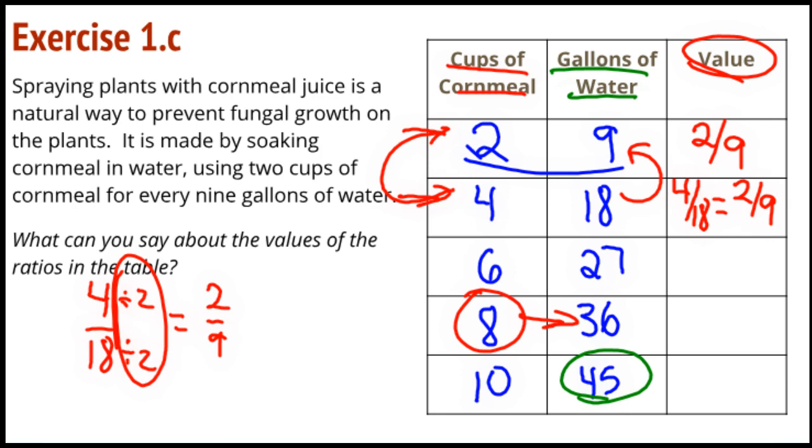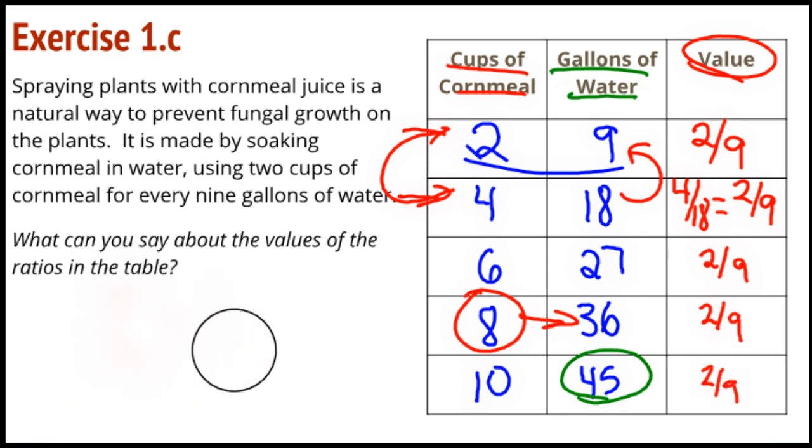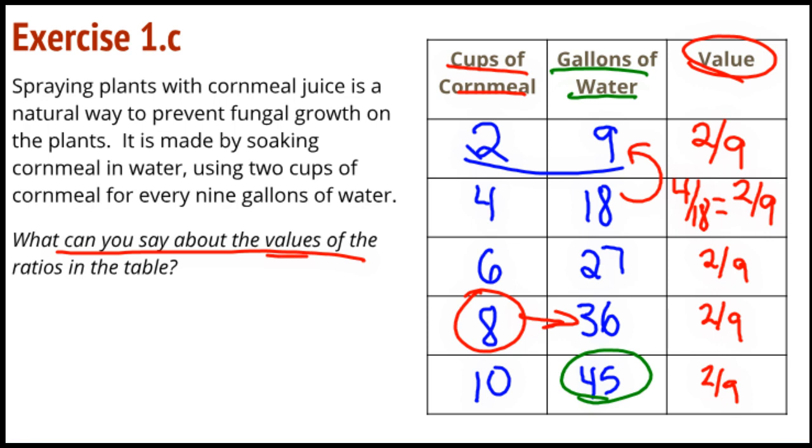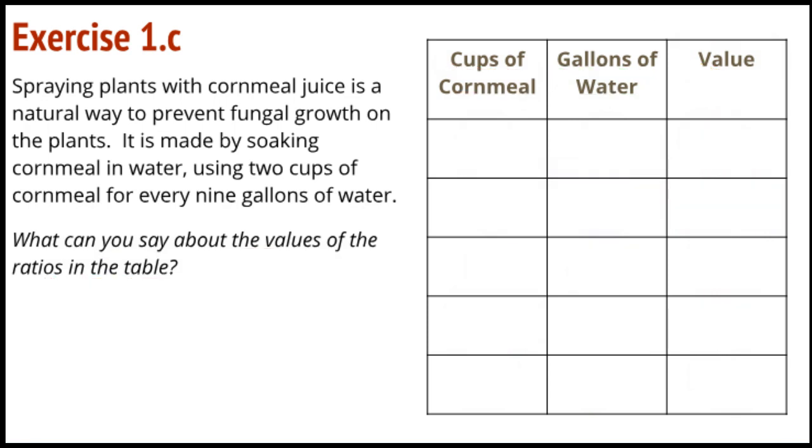But you want to make only a half batch instead, and so you scale down. And we find on this one we have 2/9, 2/9, and 2/9. We can say that the value of all the ratios on this table are equivalent. What can we say about the values? They are equivalent, and we can prove it.